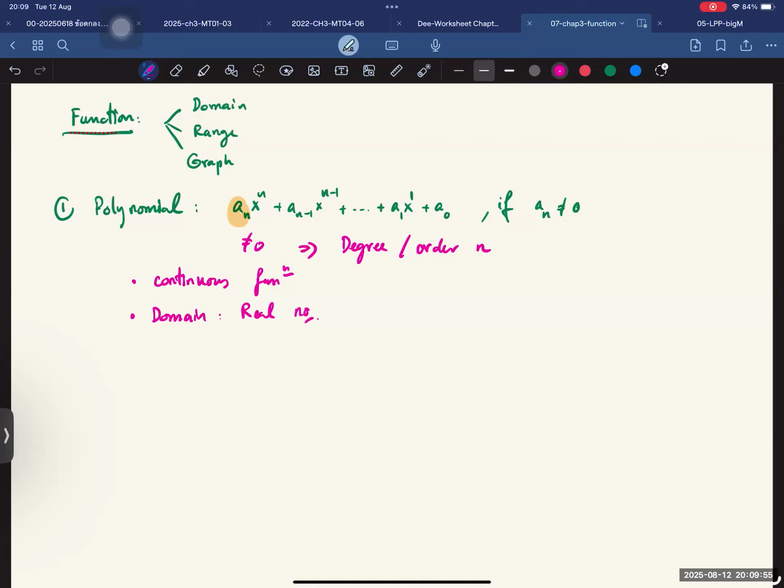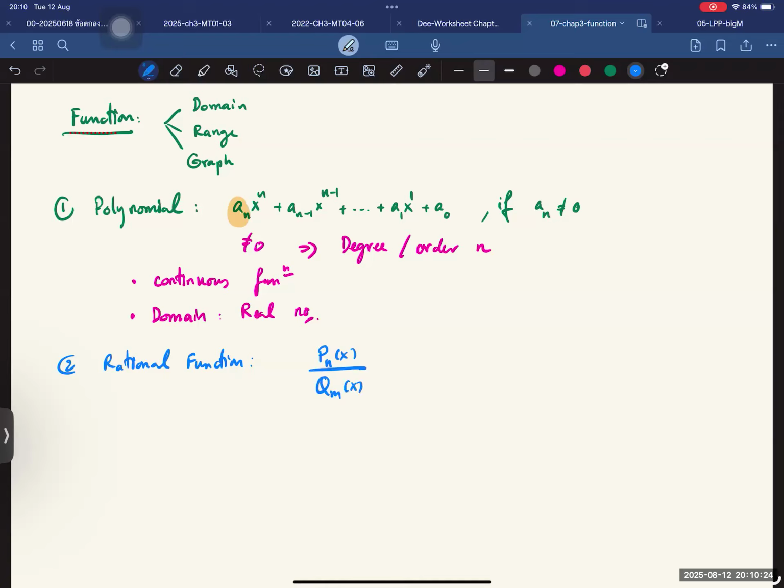The second function that we should know is the rational function. A rational function is a ratio between two polynomial functions. We call the function P_n(x) divided by Q_m(x).